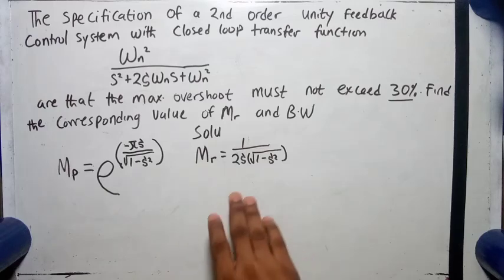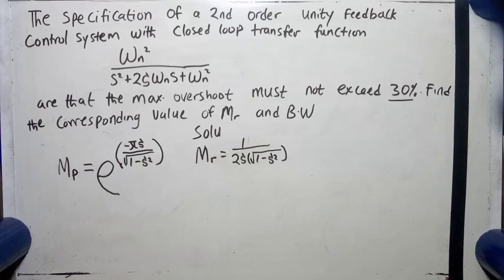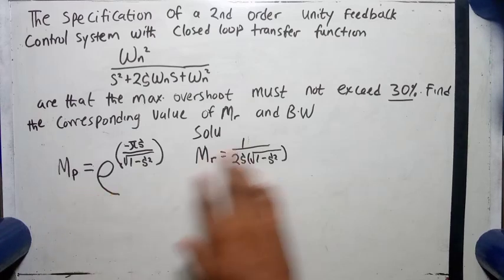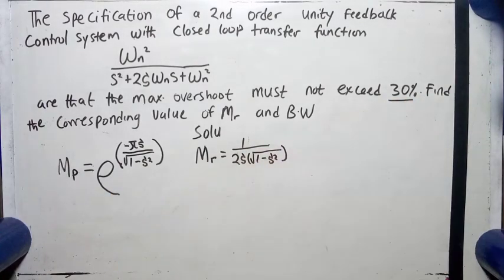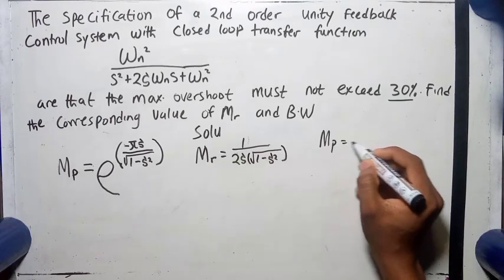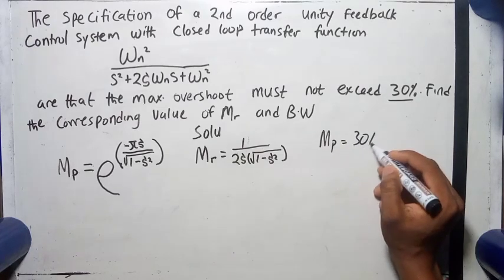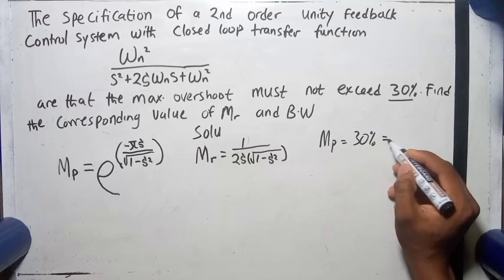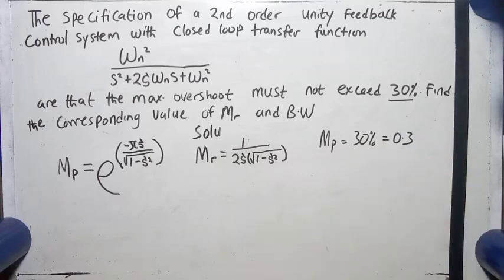The main aim here is to get our zeta. Now, we are given the maximum overshoot to be 30%. MP is 30%. This is also equivalent to 0.3.